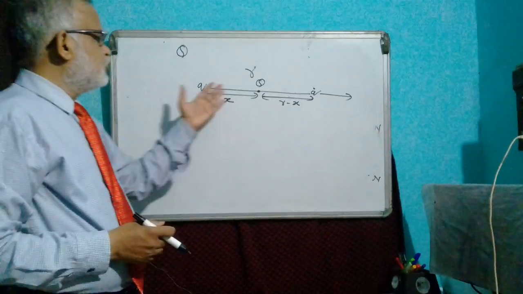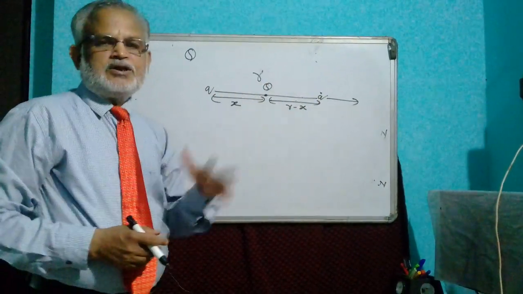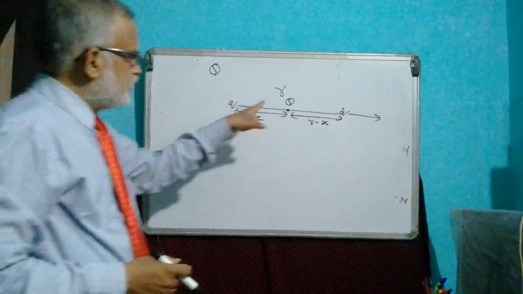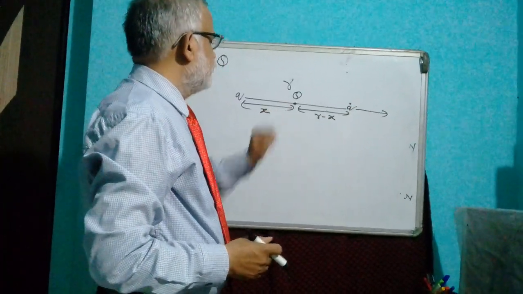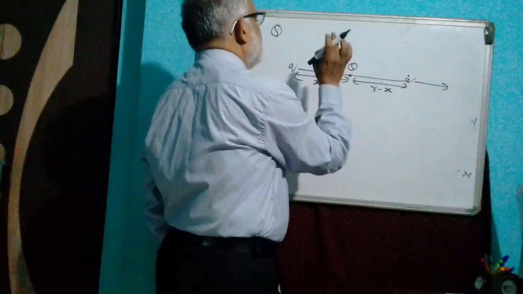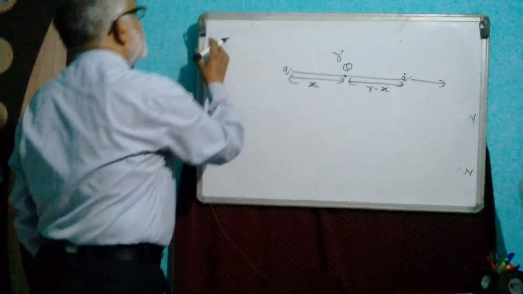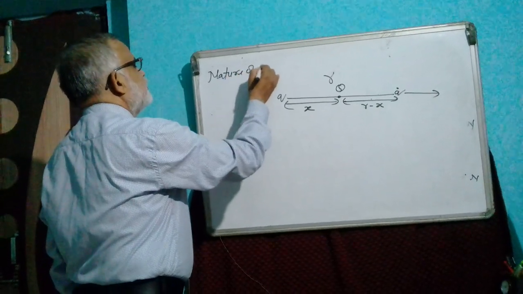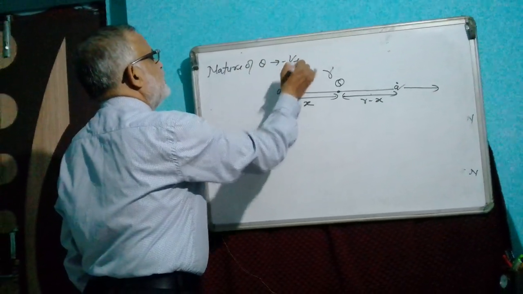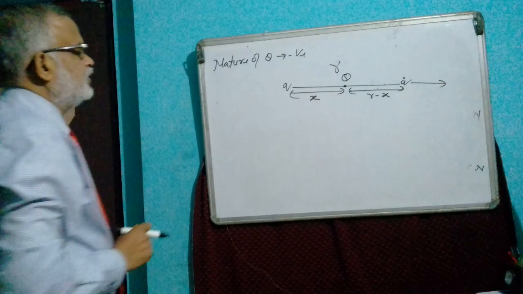Therefore, the sum of forces on all the charges is 0. If q is positive, the force on this charge is not 0. Therefore, q must be negatively charged. The nature of q is negative.